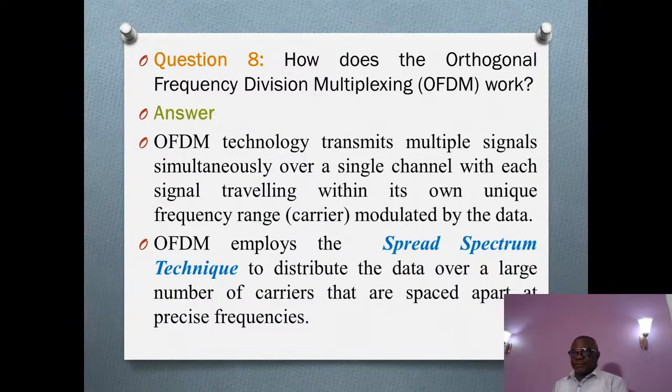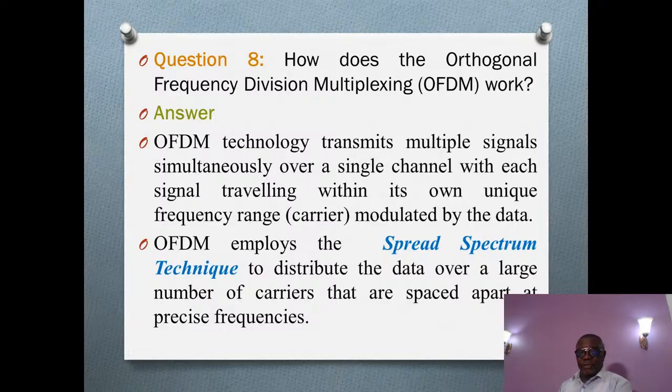Question 8: how does orthogonal frequency division multiplexing work? Orthogonal frequency division multiplexing, or OFDM, technology transmits multiple signals simultaneously over a single channel, with each signal traveling within its own unique frequency range, which is the carrier, modulated by the data. OFDM employs the spread spectrum technique.